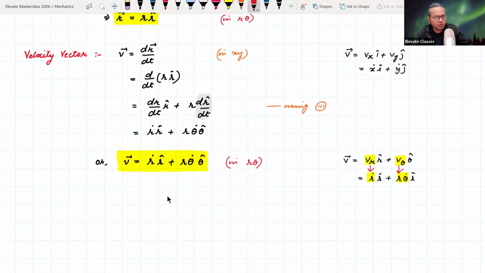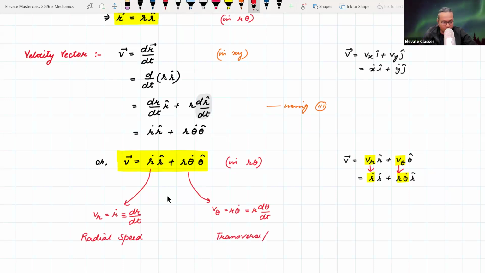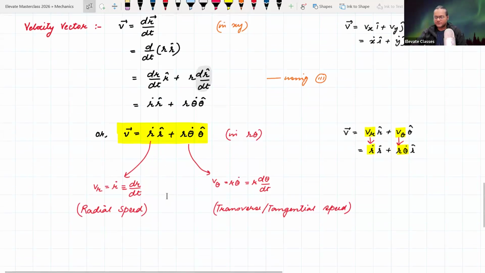So we have some unique names associated with them. vr, which is r dot, nothing but dr upon dt, is called radial speed, and v theta, which is r theta dot, that is r d theta upon dt, is called transverse or tangential speed. Radial speed, transverse or tangential speed.